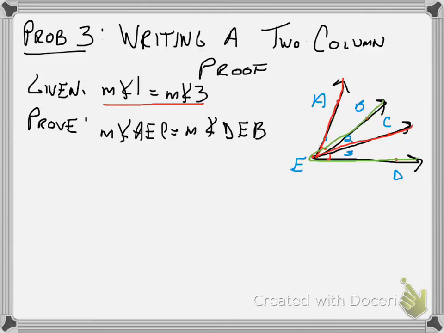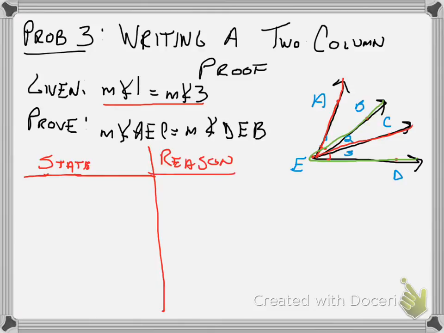Well, we're going to write a two-column proof here, and so this starts with making the two columns. I'm going to have a statement column, and then I'm going to have a reason column, hence two-column. Okay, always, always, always start with the given.